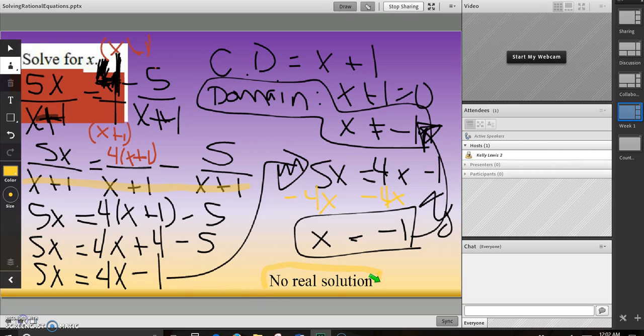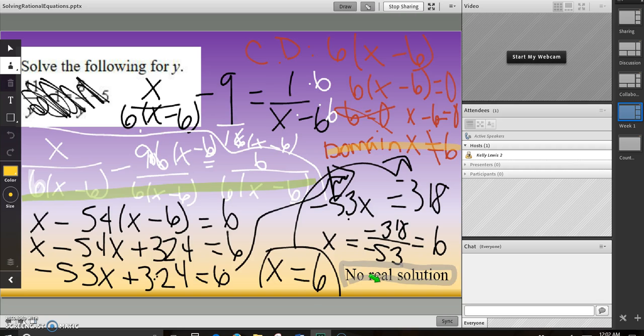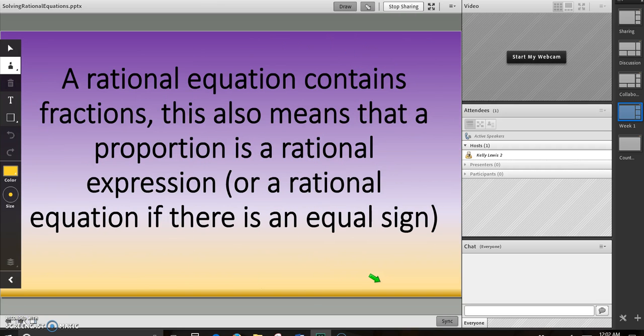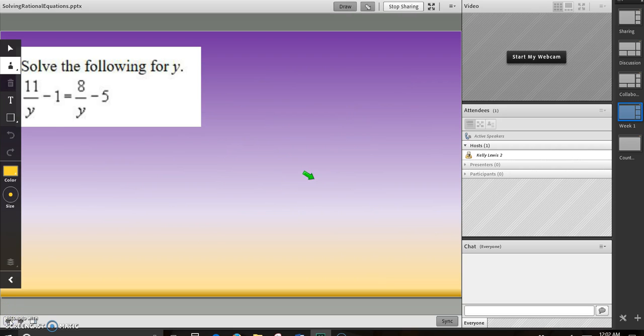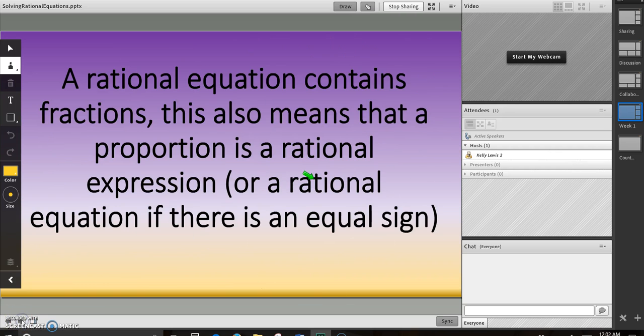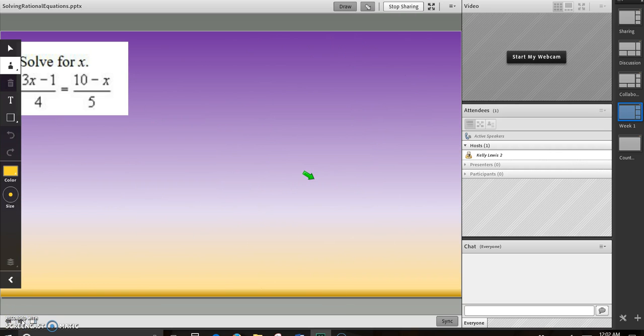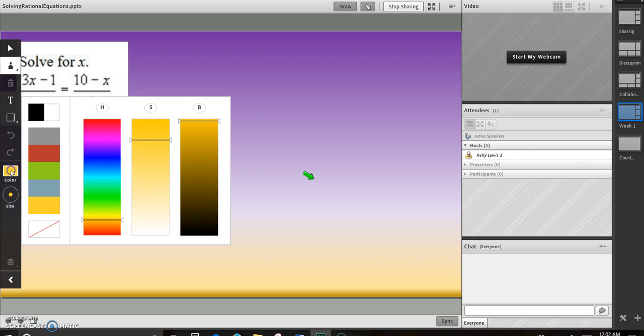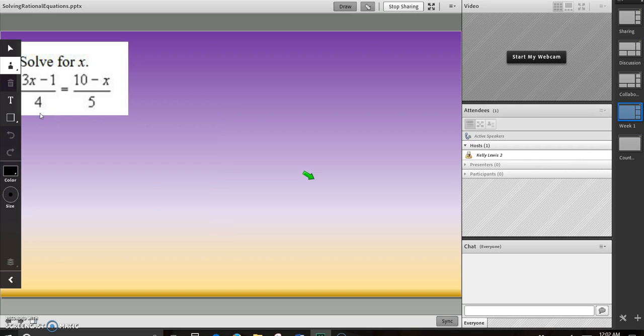All right, let's keep on. So we've done where a rational equation contains fractions. You could also do, so it's like a fraction plus or minus a fraction equals something, we could also do a proportion. So when it's a proportion, cross multiply.